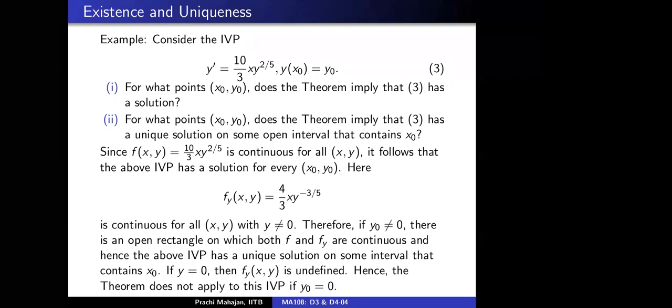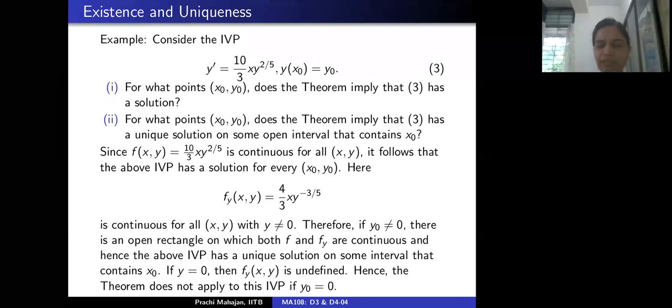Yes, ma'am. So this is saying that if the initial data point y naught is different from 0, then there is an open rectangle on which both the function f and the partial derivative of f with respect to y are continuous, and hence this initial value problem has a unique solution. Now, what happens at y equal to 0 is what we don't know; this theorem doesn't say.